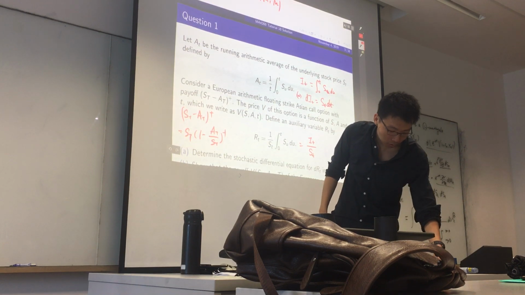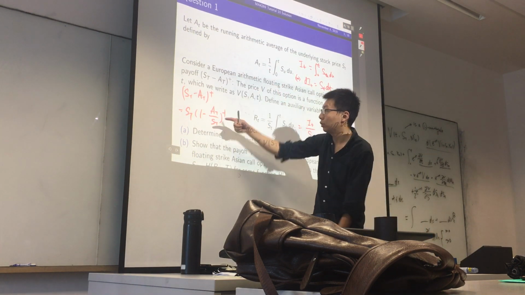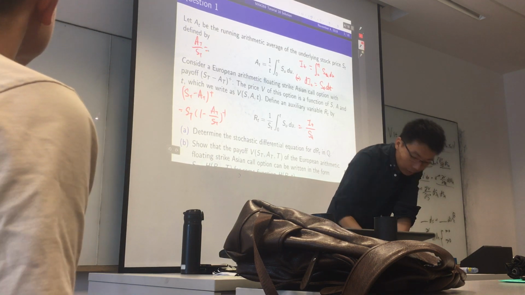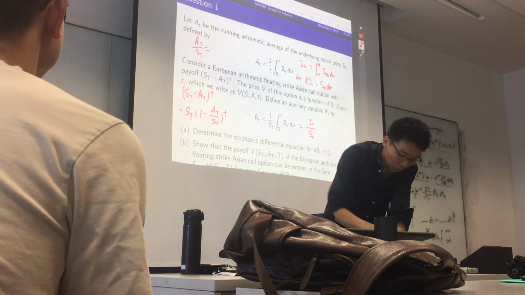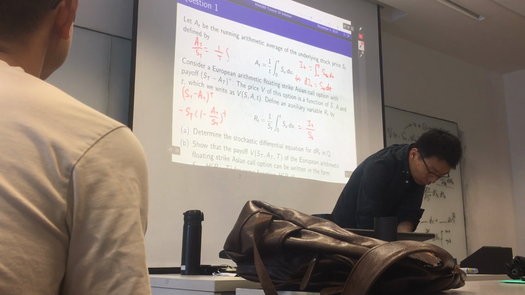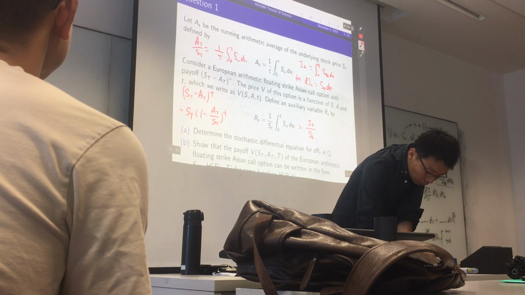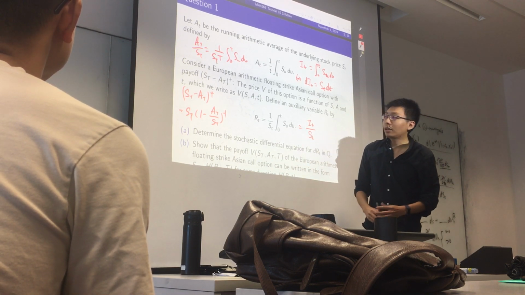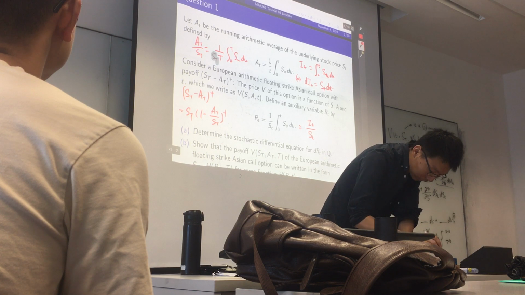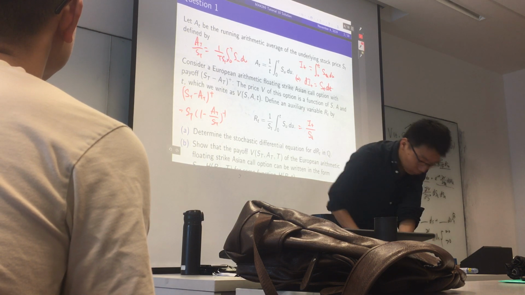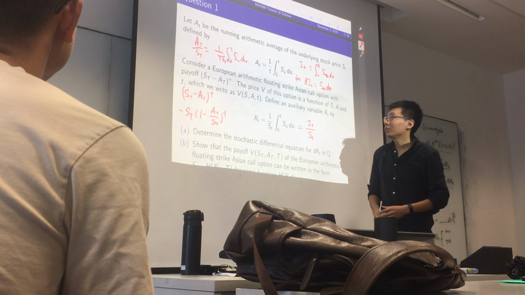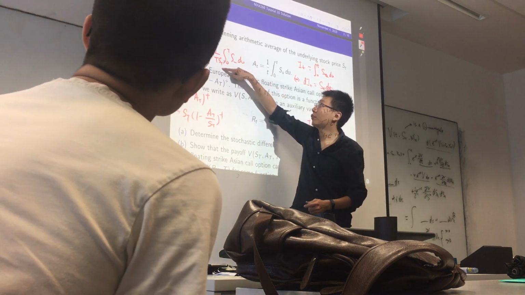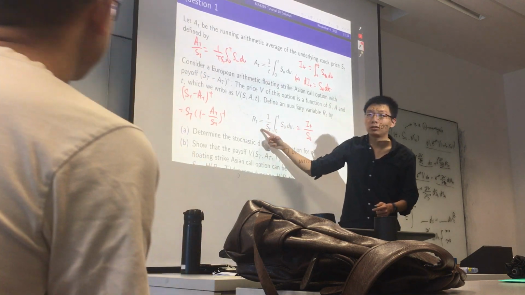So let's go back here. What is AT, and what is AT over ST? AT becomes 1 over t times this integral, and of course over ST. If you observe this form, you will see that if you combine this part, it gives you RT.